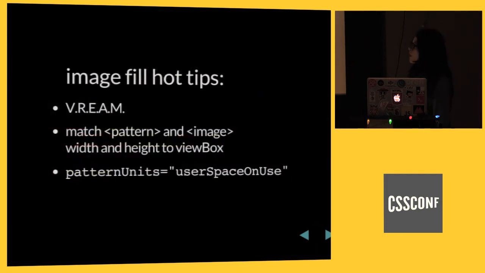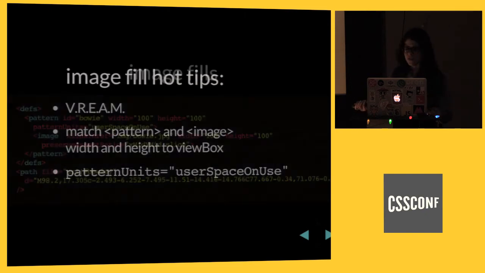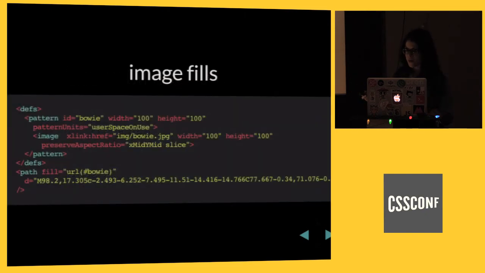A few things to keep in mind when you're working with images. Because it's supposed to be a repeating pattern, it can sometimes be tricky to get the image to completely fill your shape properly. But remember your viewBox, size everything to the viewBox.